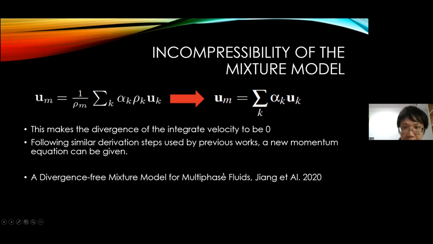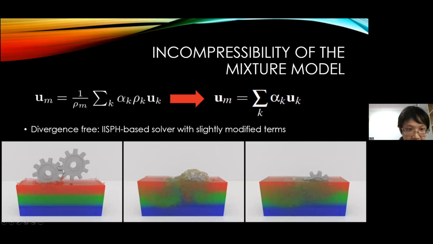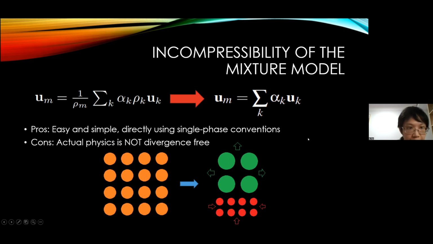This method was adopted by Dr. Jiang in 2020s, and this is the result. Their result is very good, and the method is very practical for graphics use. But there's a problem.